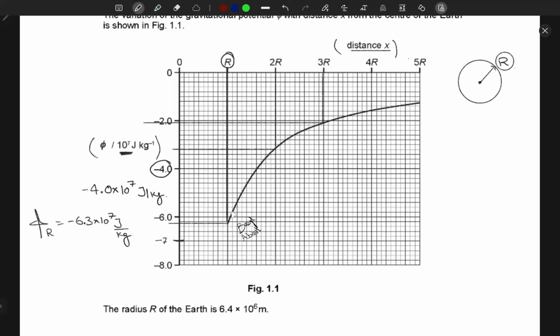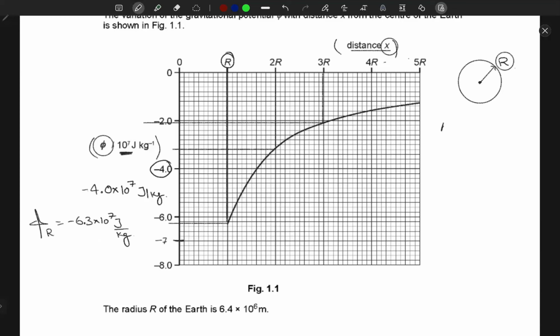Sir, which formula will be used for this one? Oh, okay. I think I should have mentioned this as well. On the vertical axis, we are given values of potential, and on the horizontal axis, values for distance.